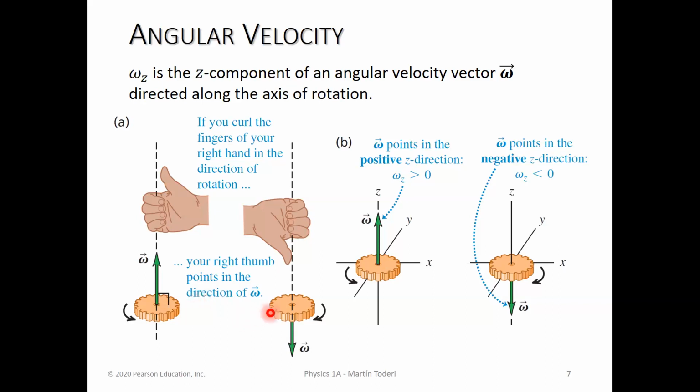And in the case that the thing is rotating clockwise, then we need to cover that angle, that rotation, with the other fingers, the four fingers that are not the thumb, and we'll find that the thumb points where the angular velocity is pointing, right?